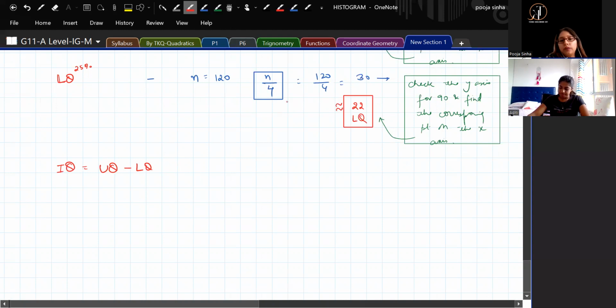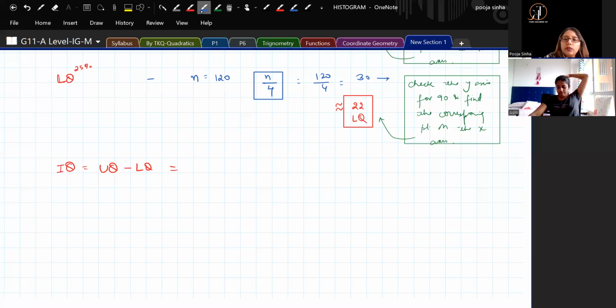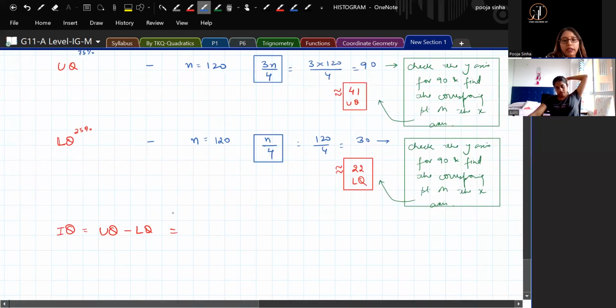Upper quartile, how much did we get? We don't have to find out anything now. The values we got, that was 41, the upper quartile, minus 22. That's it. That will be 19. So the interquartile range is 19 for this question.